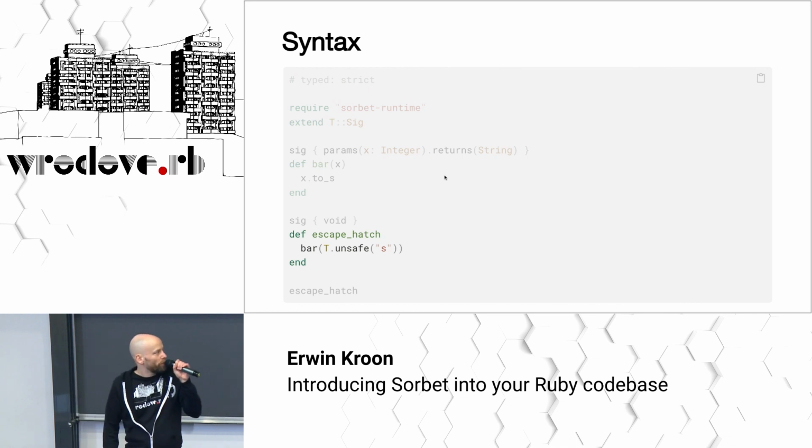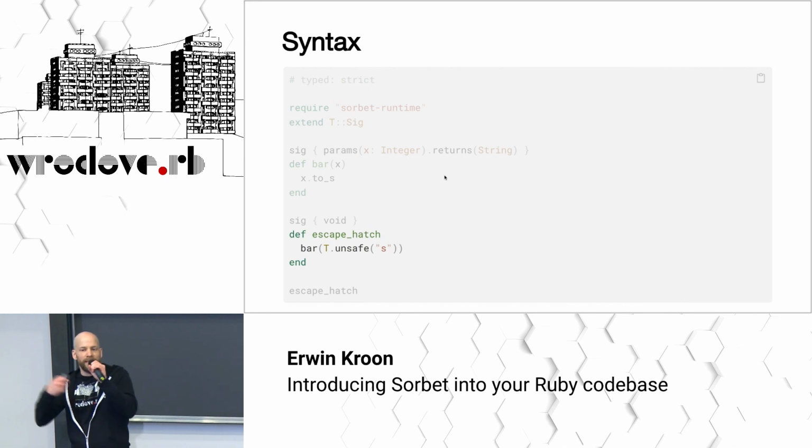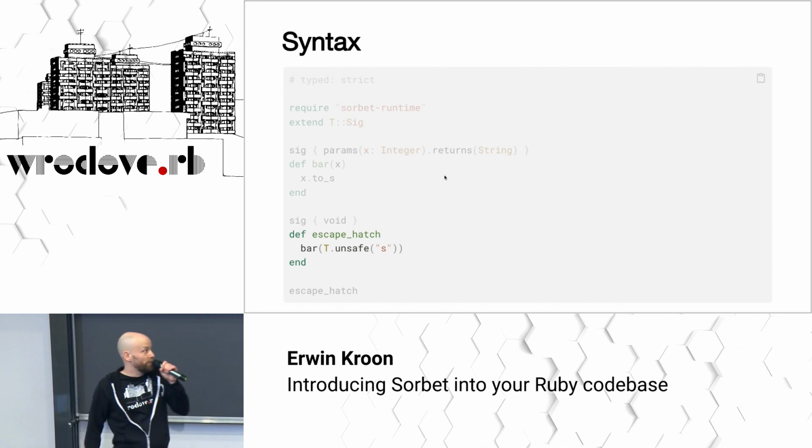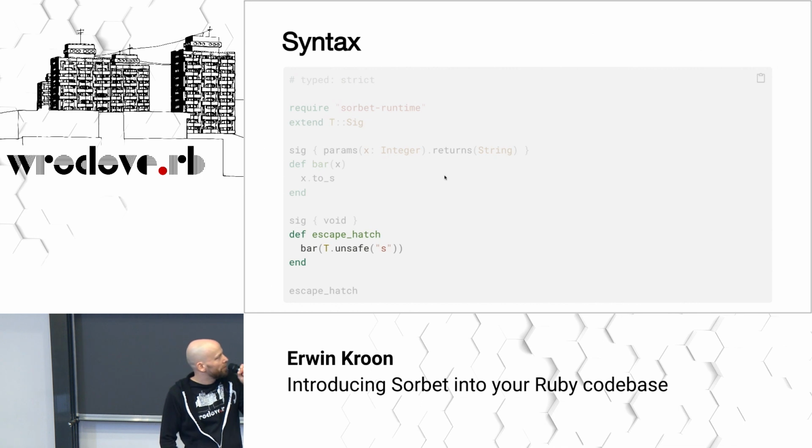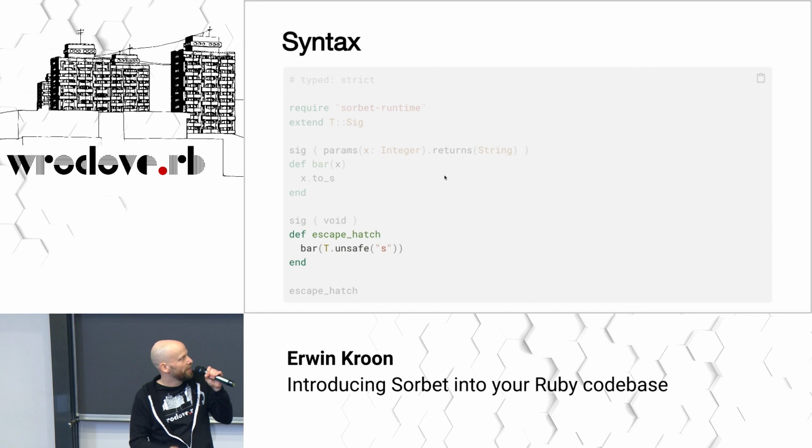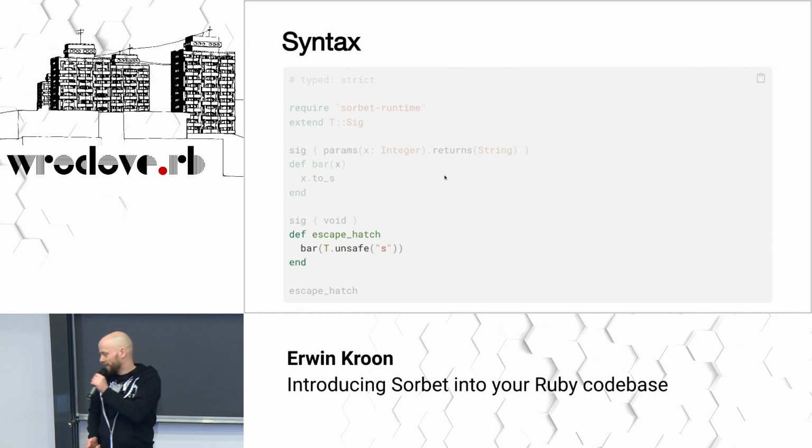And then we have the way in Sorbet to get out of this typing. As I said, it was gradual typing. In this case, the bar method gets called, but we say, this is unsafe, I want to put a string, even though it had to be an integer, yes? We set it above.